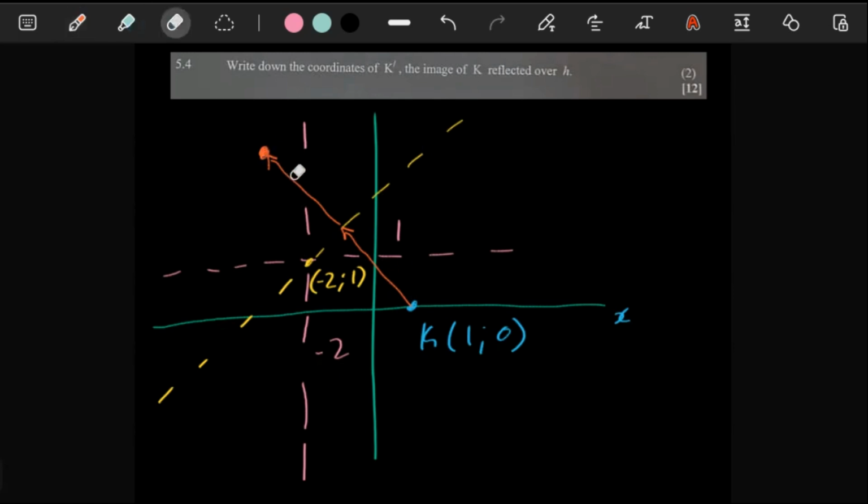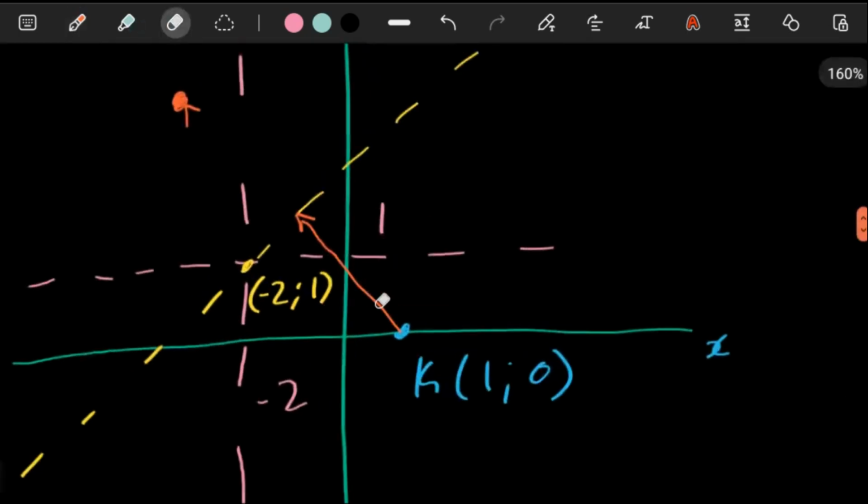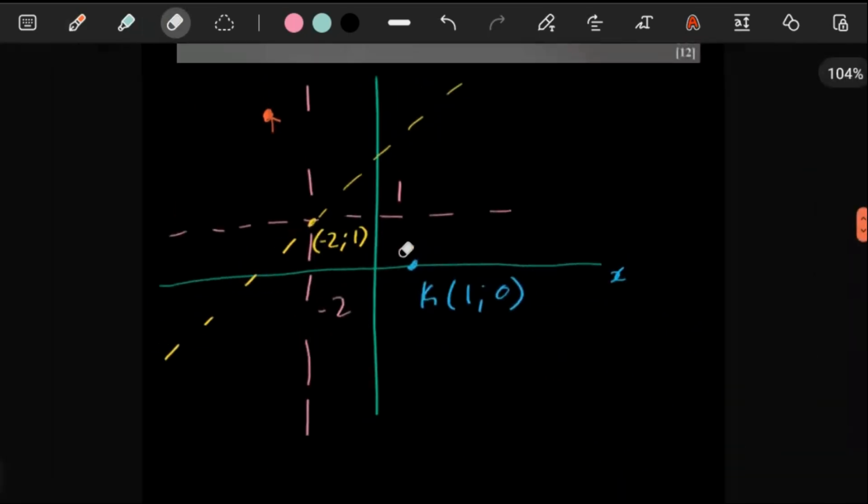Now, if you look at it logically, this is not even something that is difficult to understand. This distance of 3 units in this direction is actually going to be 3 units upwards from this point. And then this 1 unit is going to be 1 unit to the left from this point, because this point is the one you use to help you work out the reflection from here to there.